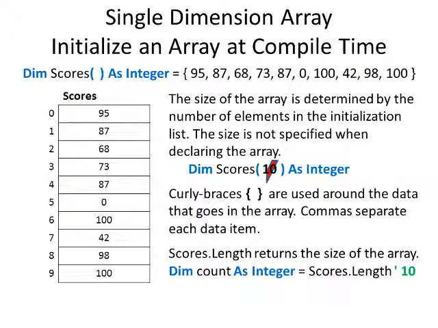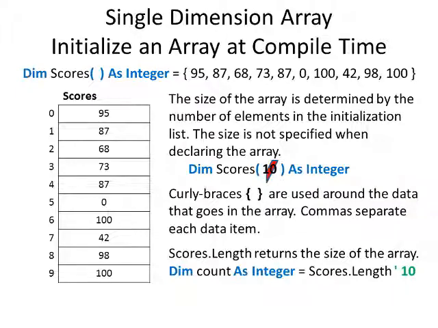We can also initialize an array at compile time. Dim scores() As Integer = {, and then a whole list of integers, each separated by a comma. The end of the list is indicated with a curly brace. Now, in this case, the size of the array is determined by the number of elements in the initialization list.